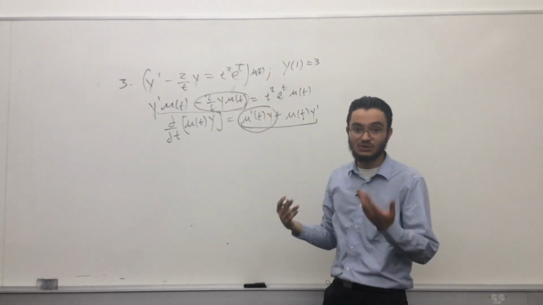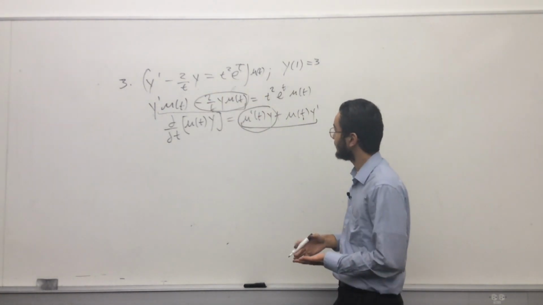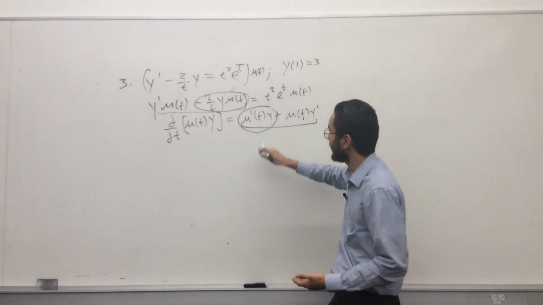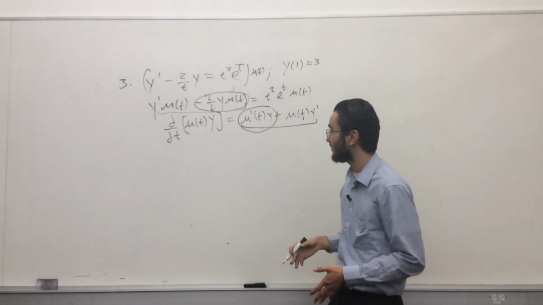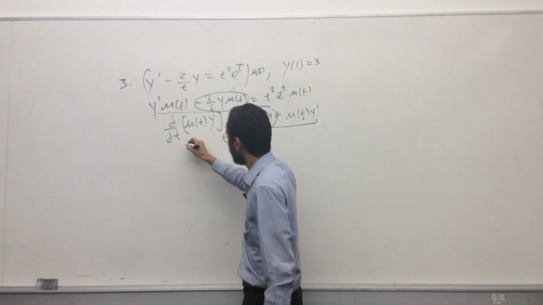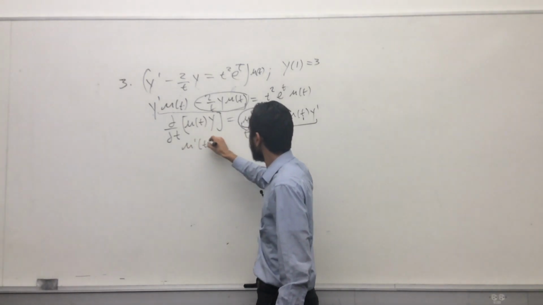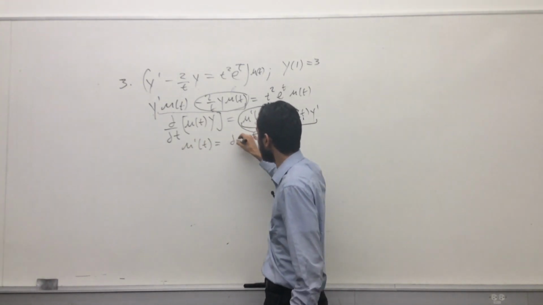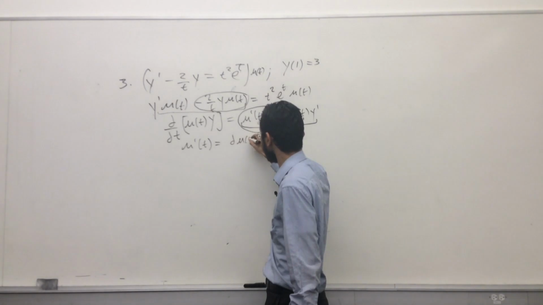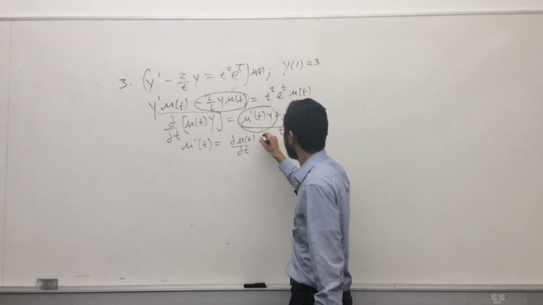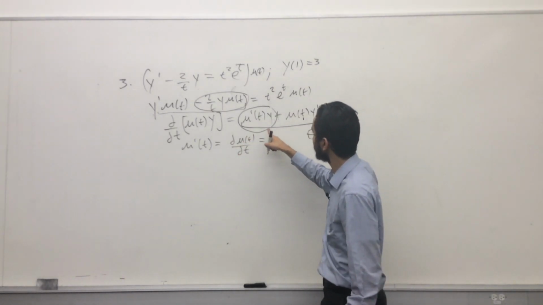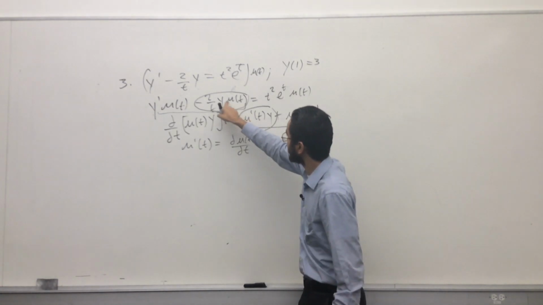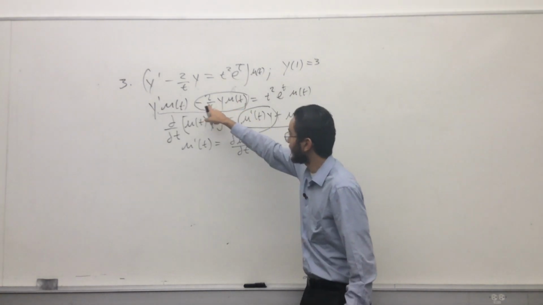Then we're going to solve for mu of t, which is actually a different differential equation. It's a separable differential equation. Mu prime of t is nothing but d mu over dt, which in this case will be equal to mu of t times negative 2 over t.